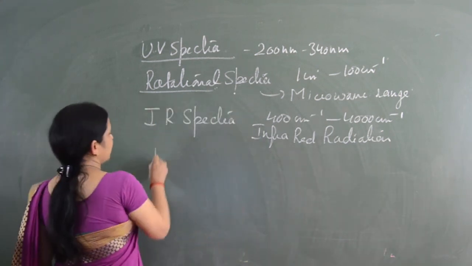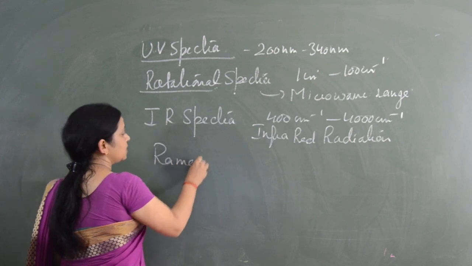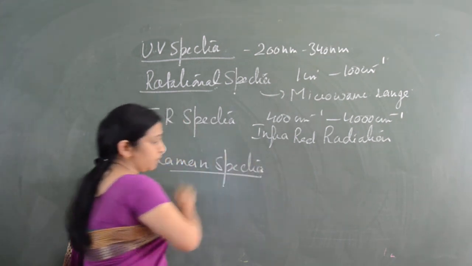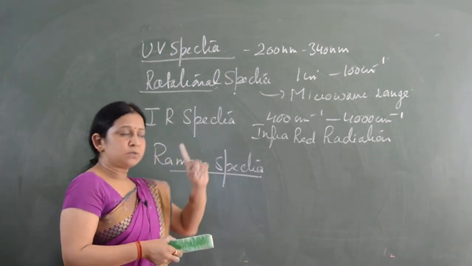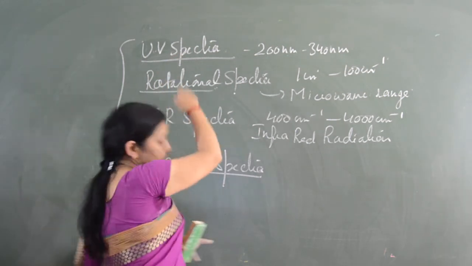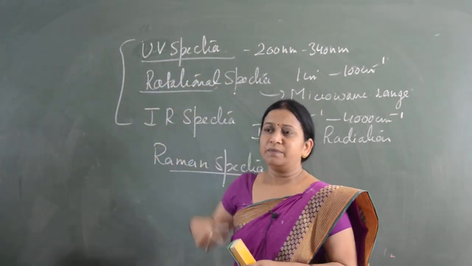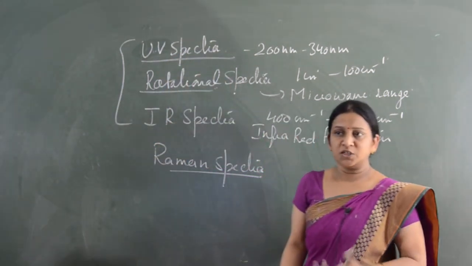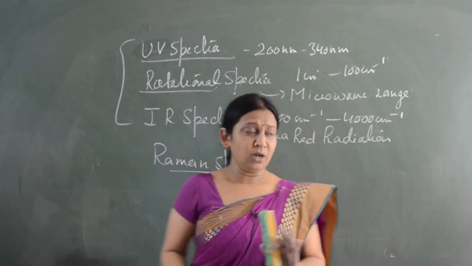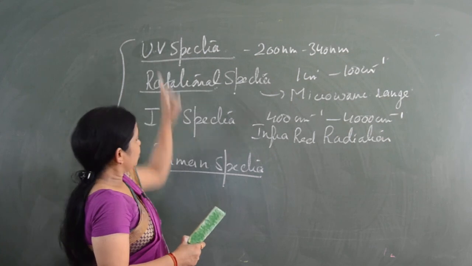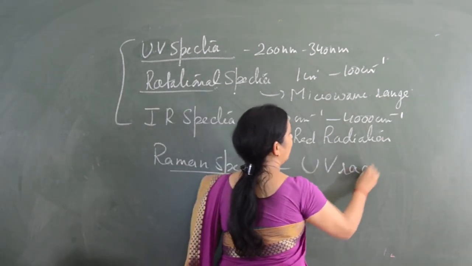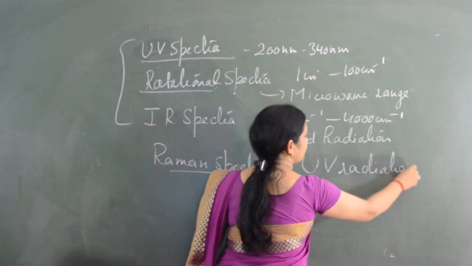And the last spectra we discussed today is Raman spectra. One difference out of these 4 is that the first 3 spectra deal with absorption of radiation, whereas in Raman spectra we deal with scattering of radiation. Now the similarity between UV and Raman is that the radiation which we use here belongs to the UV range.